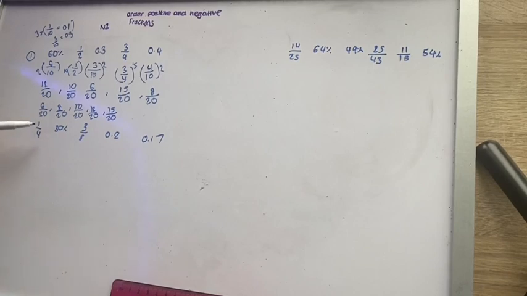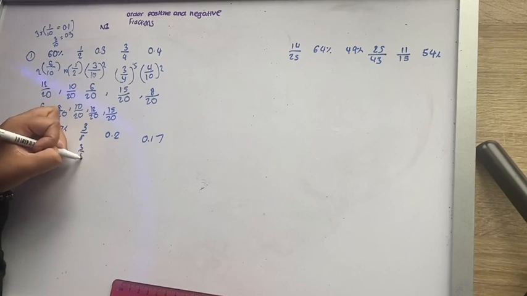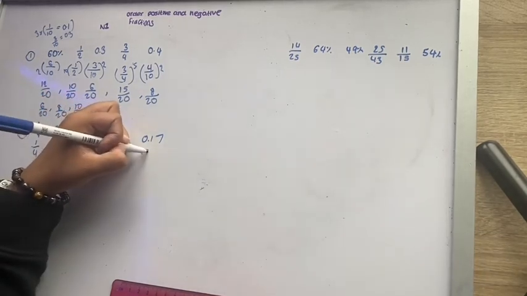Okay. We have this question here, which is question 2. We'll do the exact same thing. So 1 over 4, 30 over 100, same as 3 over 10. So obviously, sorry, I'm going to write it down as 3 over 10, 3 over 8, 2 over 10, 17 over 100.